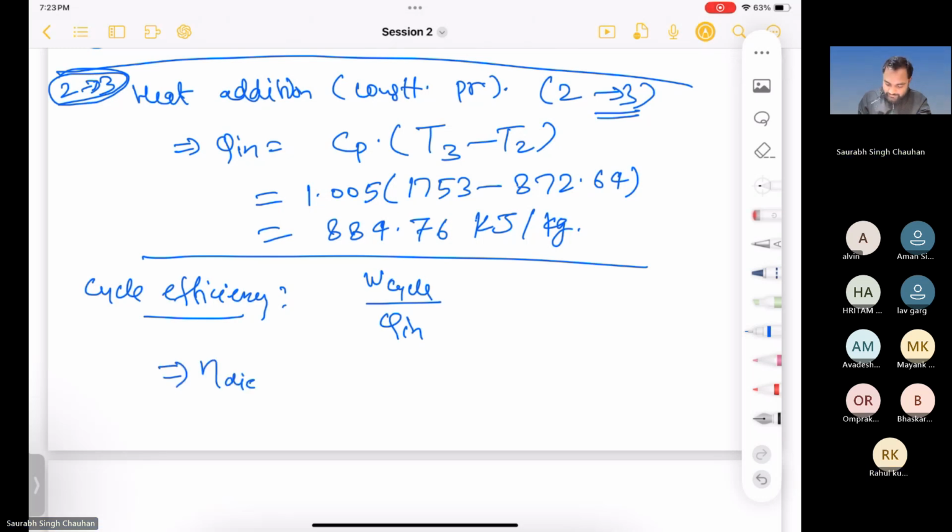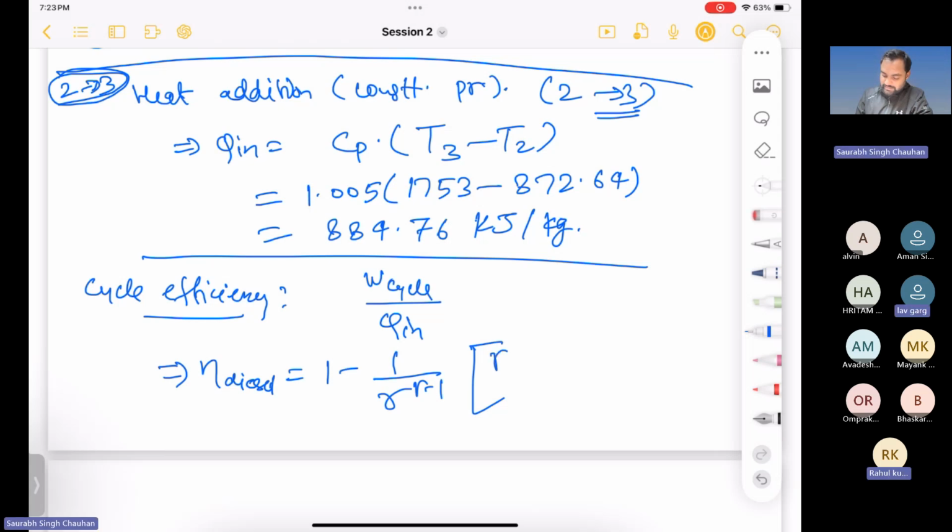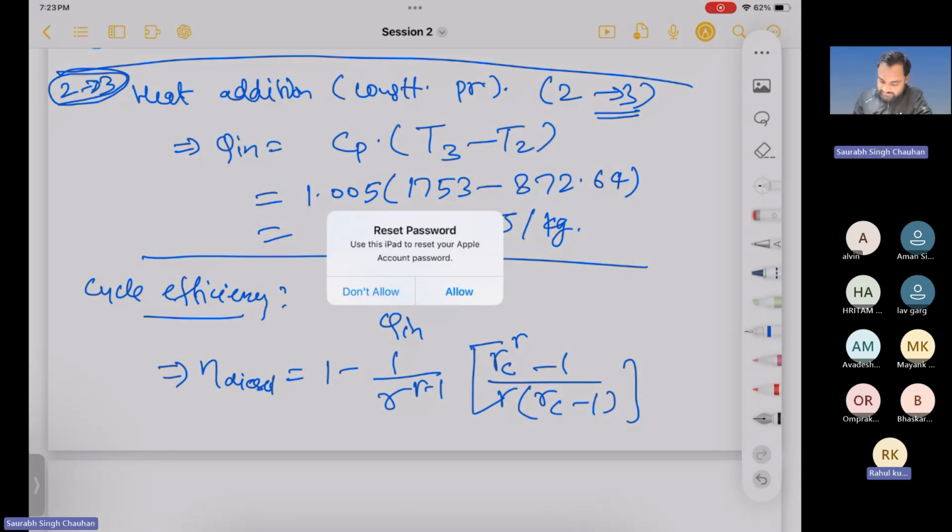Diesel cycle. This is 1 minus 1 divided by r to the power gamma minus 1, into beta, where beta means cutoff ratio, to the power gamma minus 1, divided by gamma into beta minus 1.